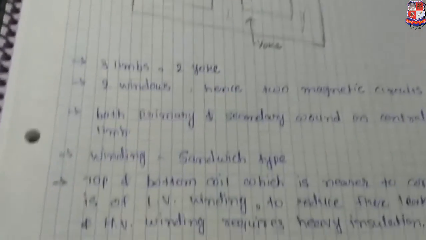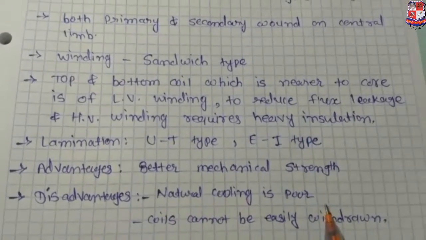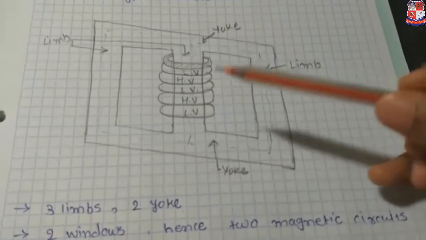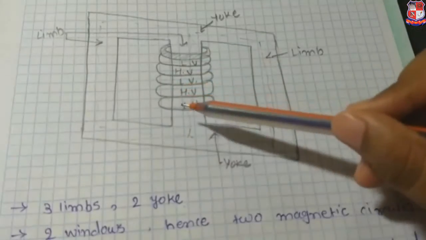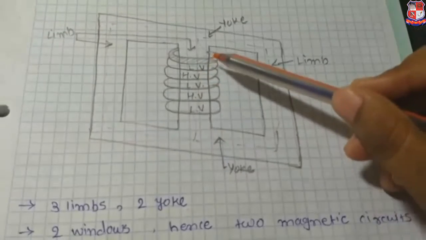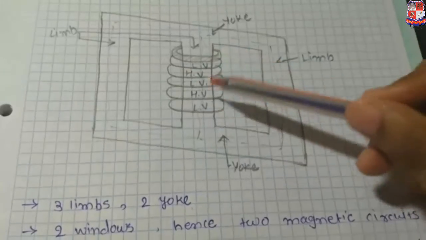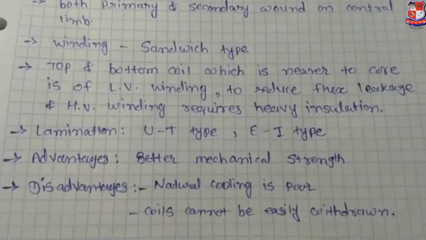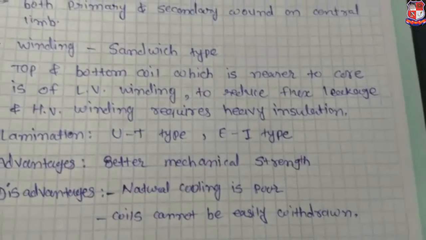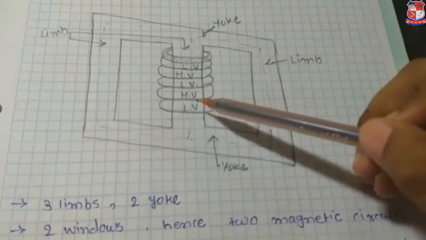Now the disadvantages of this transformer: natural cooling is poor. How is natural cooling poor in this type of transformer? See, the winding is wound on the central limb and this winding is wound in sandwich type. So the cooling for this type of transformer will be poor. And another disadvantage is that coils cannot be easily withdrawn when it comes to repair, as this winding is wound on the central limb.